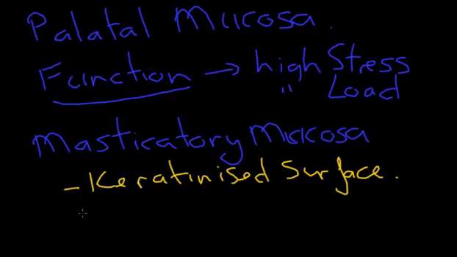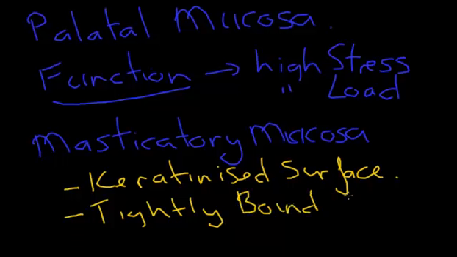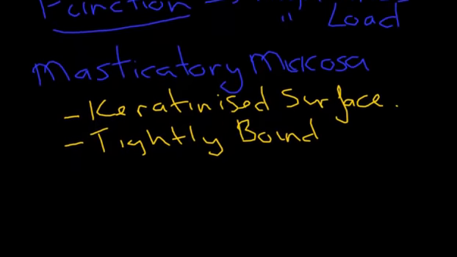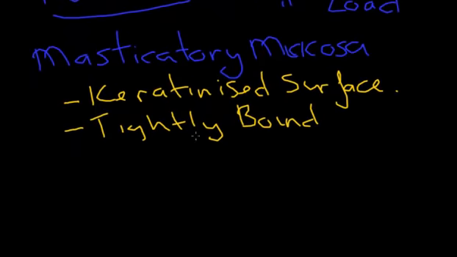The other key features of this palatal mucosa is that it's very tightly bound to the underlying bony structure of the palate, and this is through very dense collagen underlying the mucosal surface.